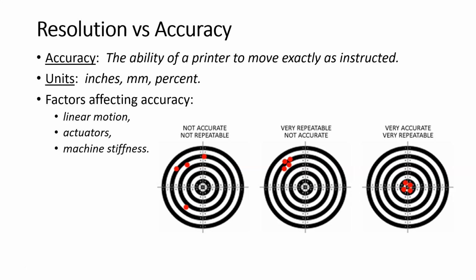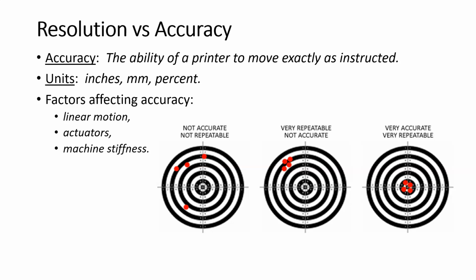We want motors that move consistently, very smoothly, without any type of buildup and friction, and we want them to move steadily. We don't want them to jump or accelerate or decelerate.